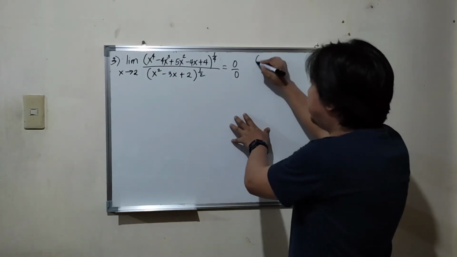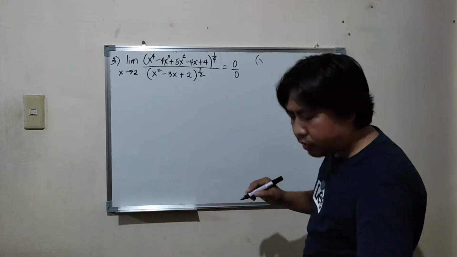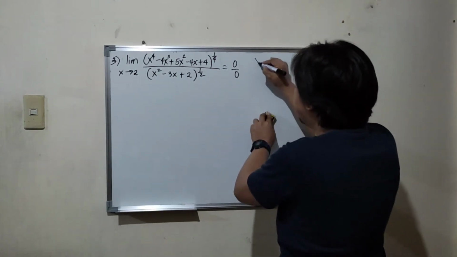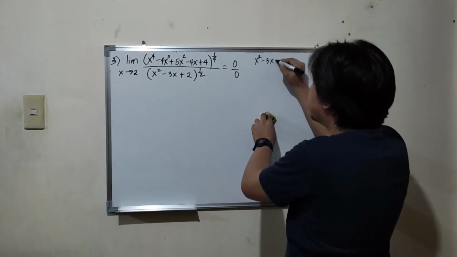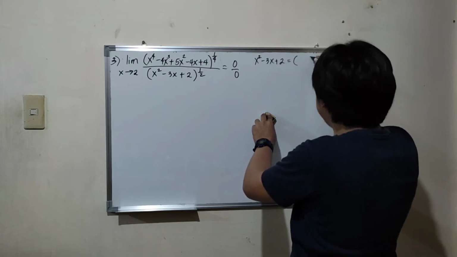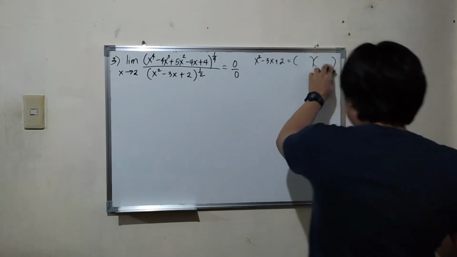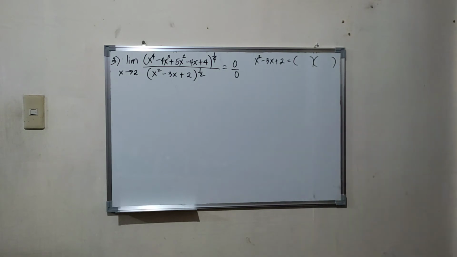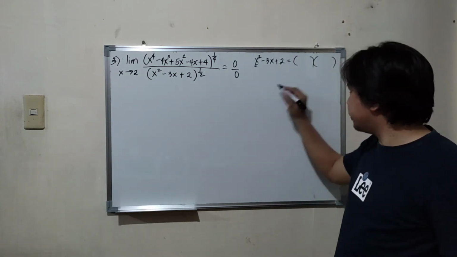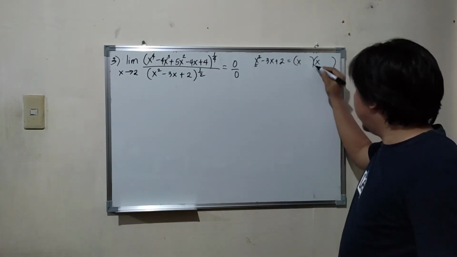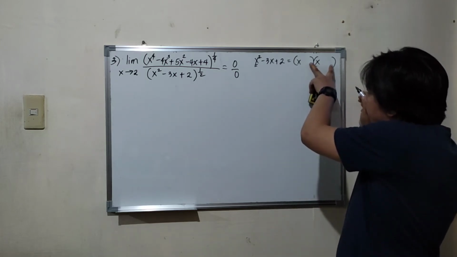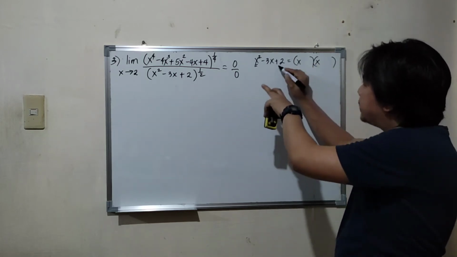So if we have by trial and error, so if we have x squared minus 3x plus 2, so ang factor niyan, product of binomial since quadratic yan. So factor of x squared, x and x, and then for the terms ay factors of positive 2.